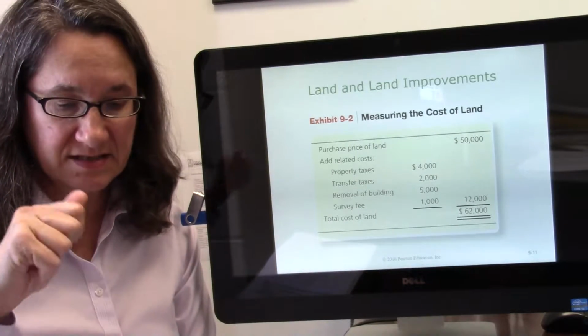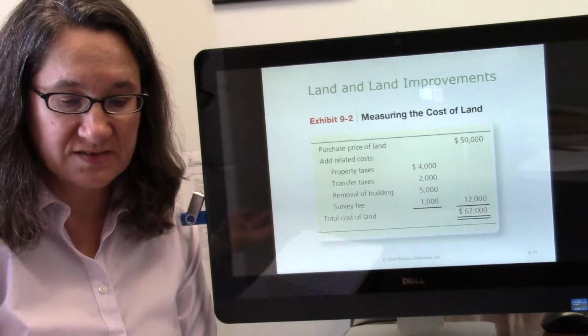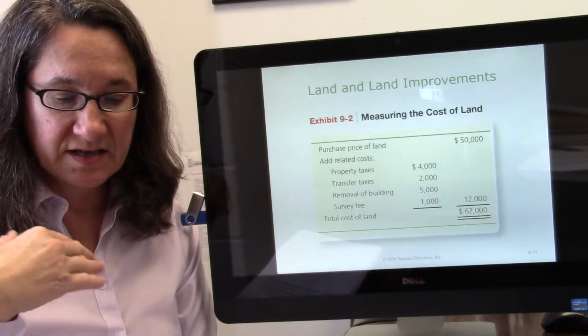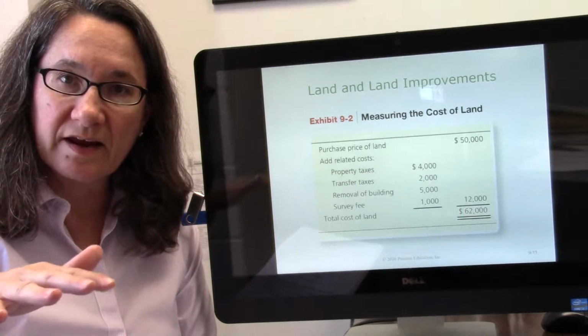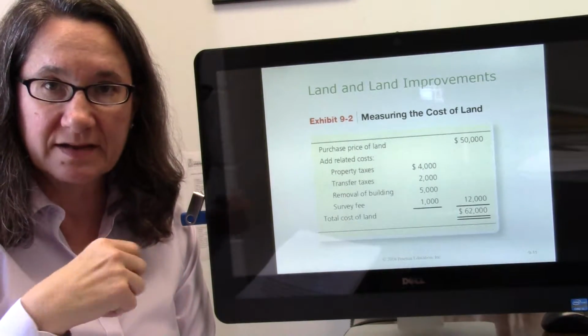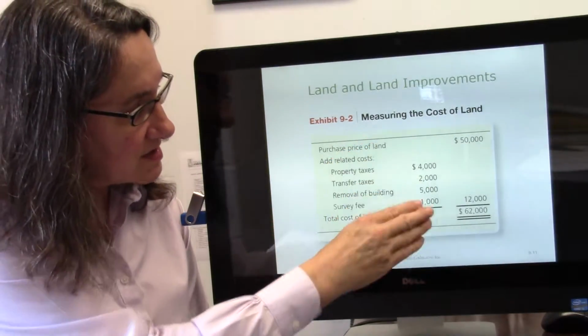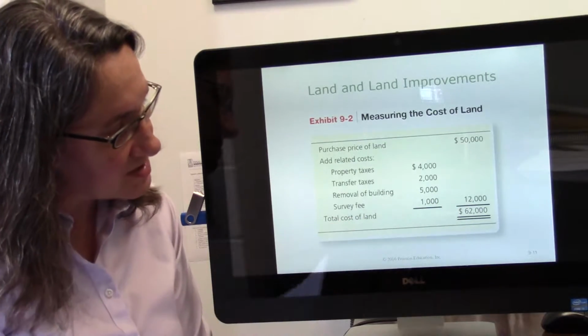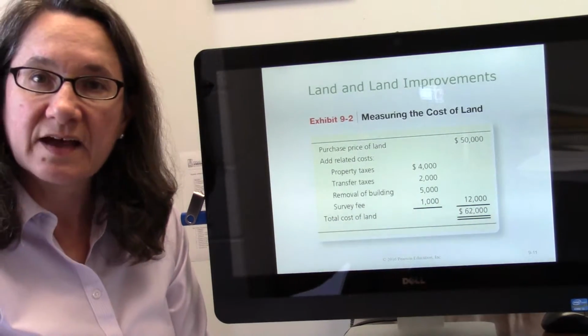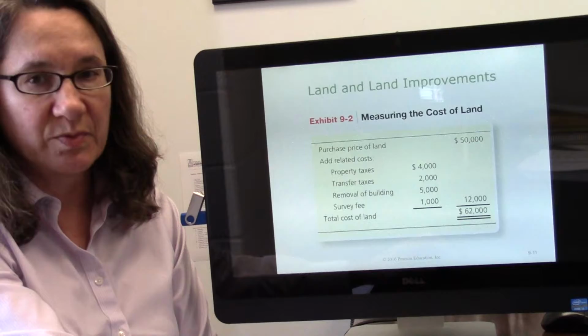So you got to pay the taxes, and that's part of the transfer. Transfer taxes, removal of building, survey fees. That's all getting it ready. You usually survey it when you buy it to make sure of your boundaries. So that's all stuff to get it ready. So this all gets added to the cost. So the actual cost of the land is $62,000. So that's what we're going to put it on the books as.